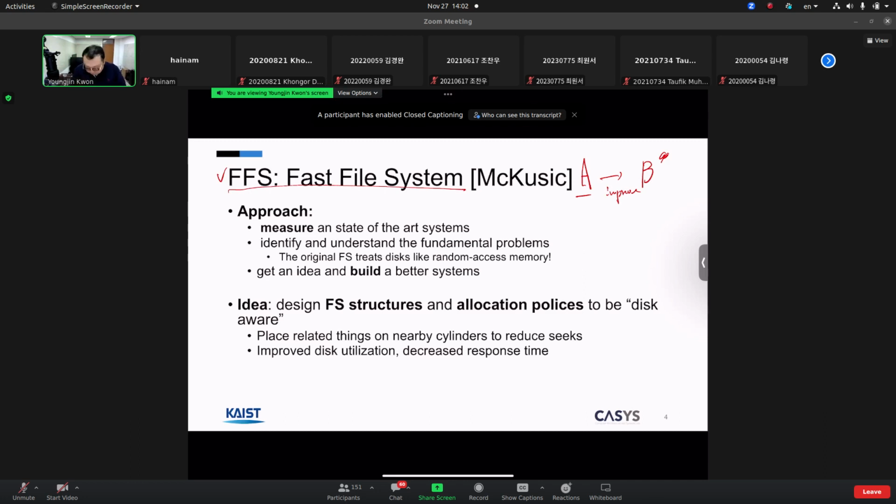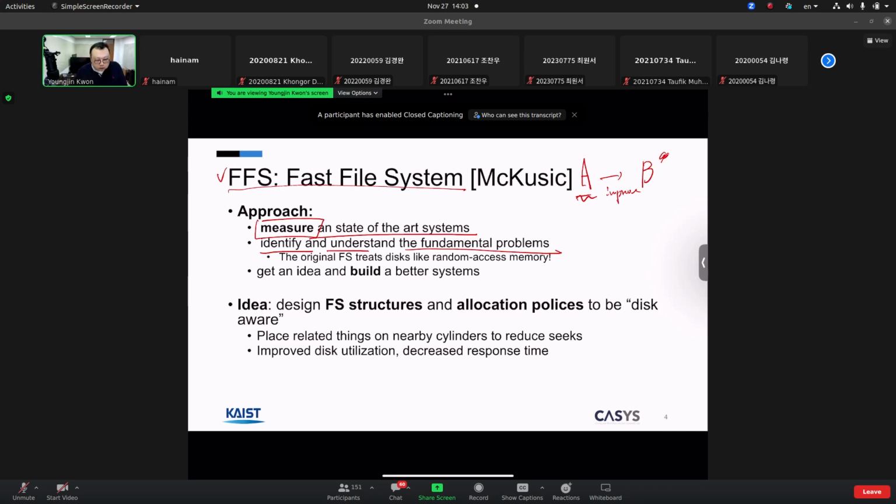How do you identify the inefficiency of the original file system? Measure. You have to profile and understand the performance at every step. For example, you can measure inode access speed, or disk layout and disk bandwidth. You measure the state of your system and understand the fundamental problem.